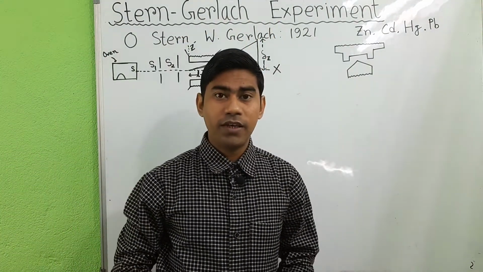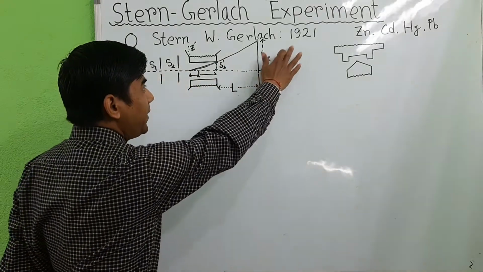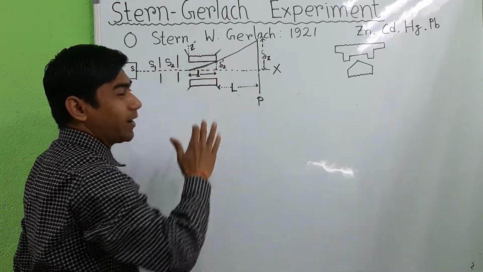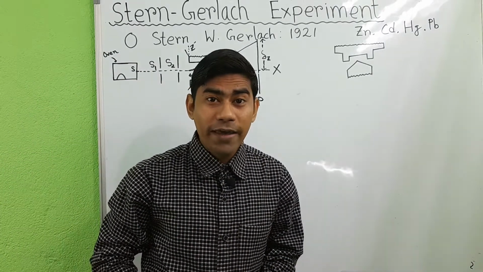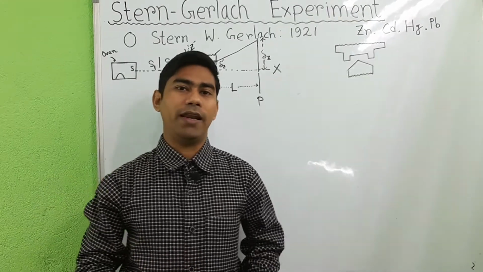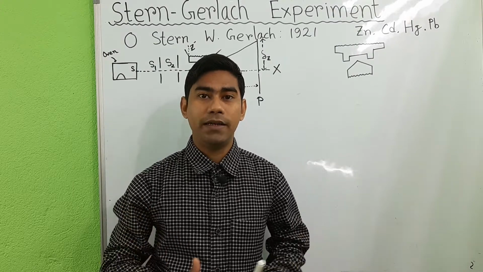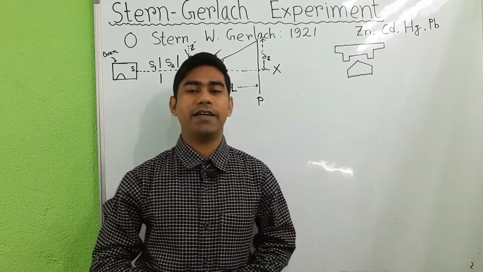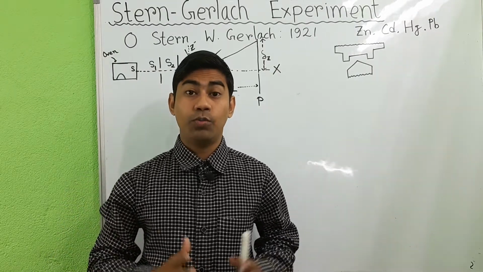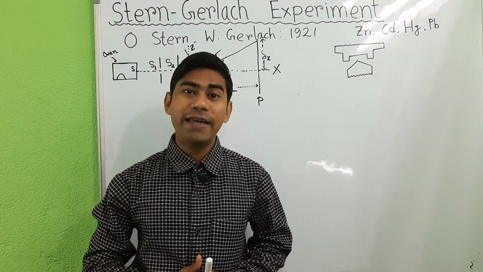This experiment was first performed in 1921 by O. Stern and W. Gerlach, aimed at verifying the essential features of the vector atom model, that is, the existence of the electron spin and space quantization of the angular momentum vectors due to both orbital and spin motion of the electron in an atom.